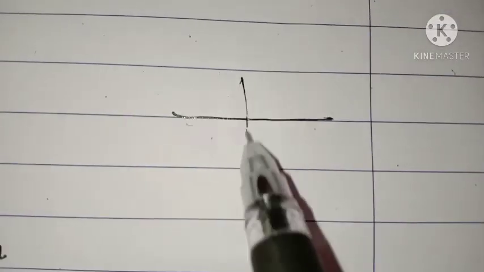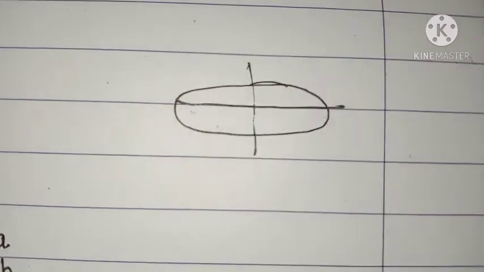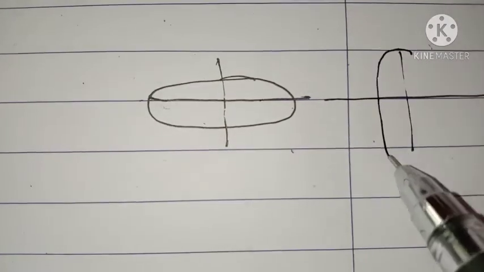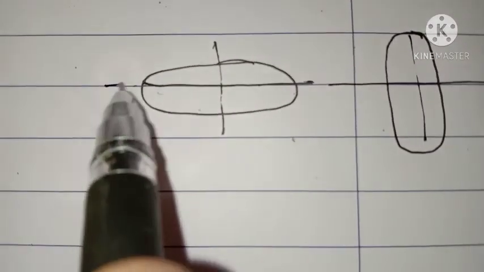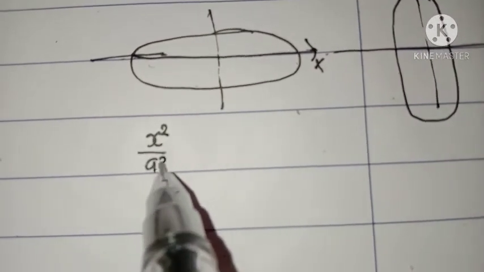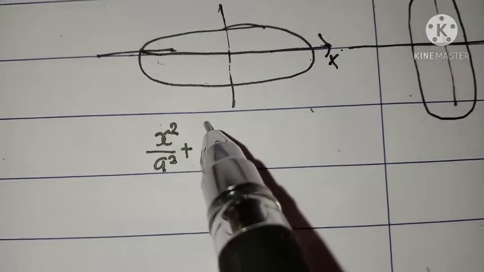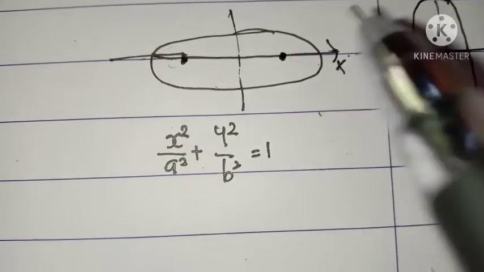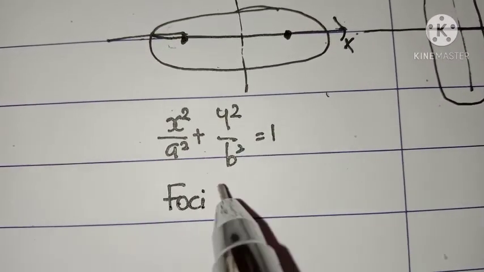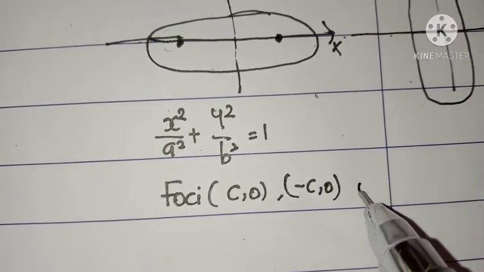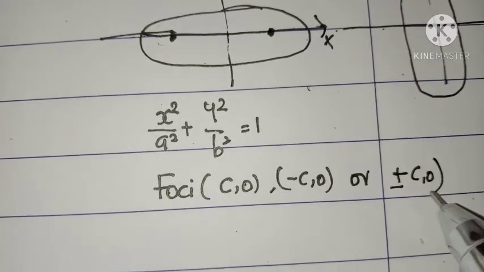So once again I tell you, there are two types of orientation. Type 1: major axis is along the x-axis. Then we can define its standard equation as x square by a square plus y square by b square equal to 1. In this case, there are two foci and the coordinates of the foci are c, 0 and minus c, 0, or we can write plus or minus c, comma, 0.